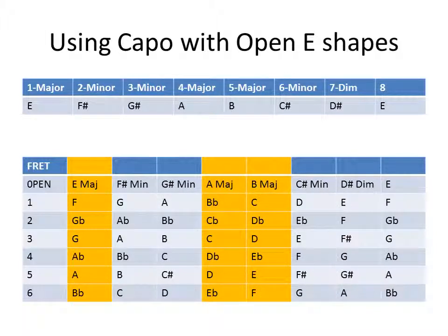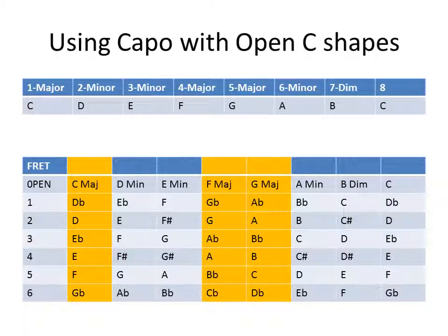Like I say, the E shapes are not my favorite to use with capos because there's just not that many open chord shapes in the key of E. But here's a chart for your future reference if you want to do that. But like I say, this is my least favorite one.